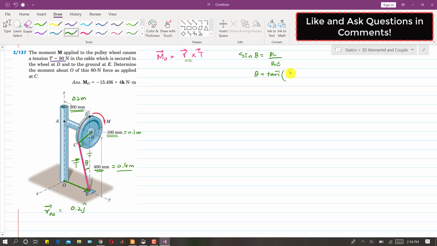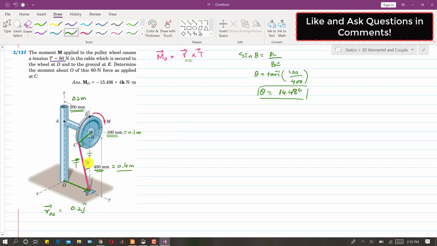We can write it in mm as well. Since these two units are the same, it doesn't matter whether we use meters or mm, they will cancel out. So if I solve this, theta comes out to be 14.48 degrees.